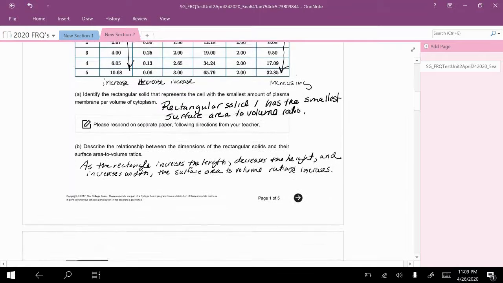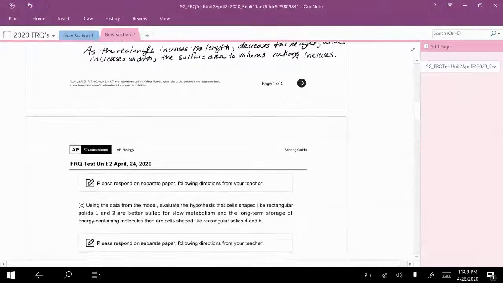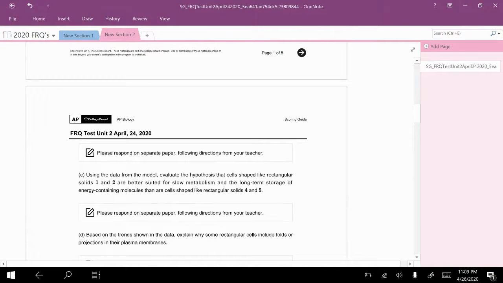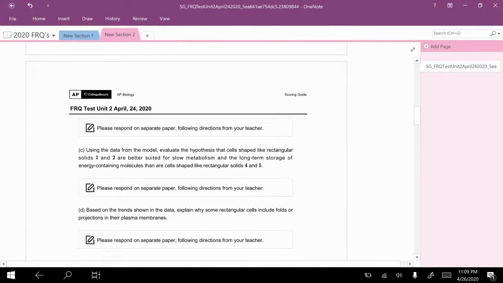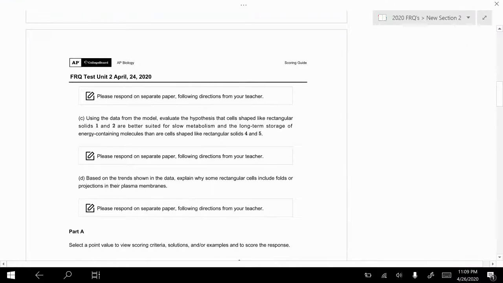All right, let's see what C says. Using data from the model, evaluate the hypothesis that cells shaped like rectangular cells 1 and 2 are better suited for slow metabolism and the long-term storage of energy-containing molecules than are cells shaped like rectangular solids 4 and 5.